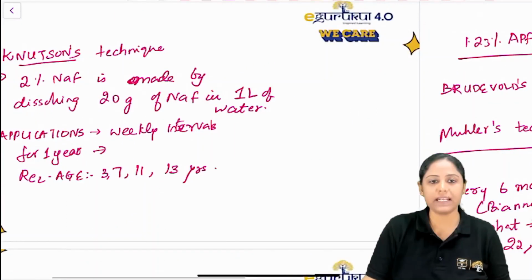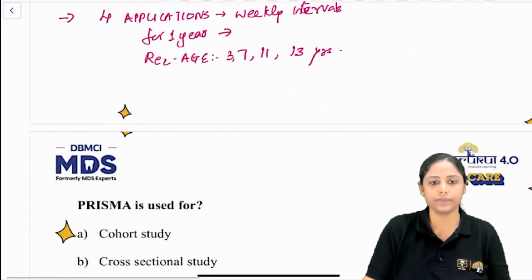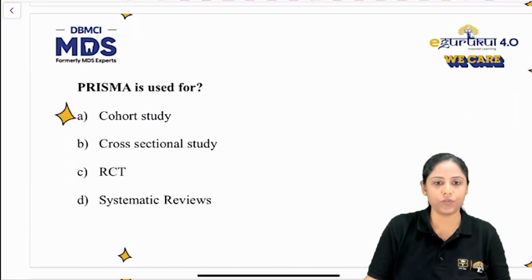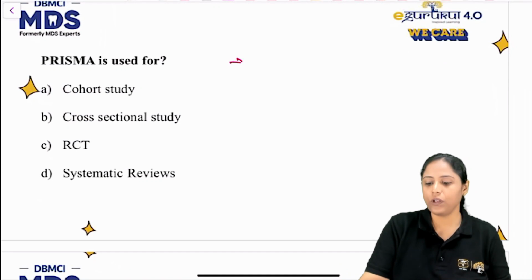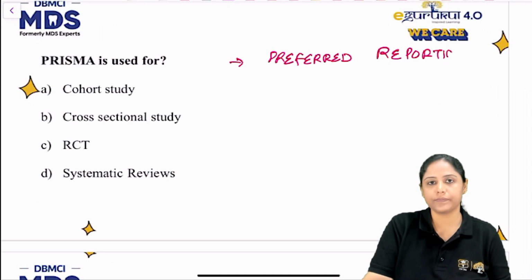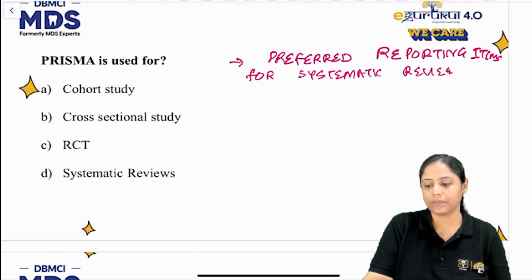Now we come to our next question. Prisma is used for. So to see the full form of Prisma, preferred reporting items for systematic reviews and meta-analysis.